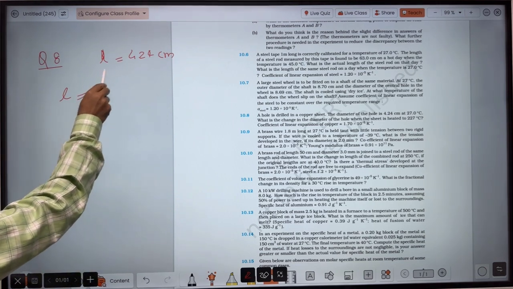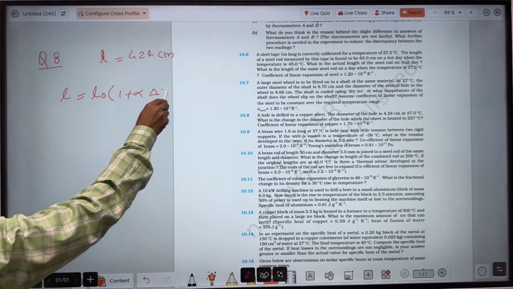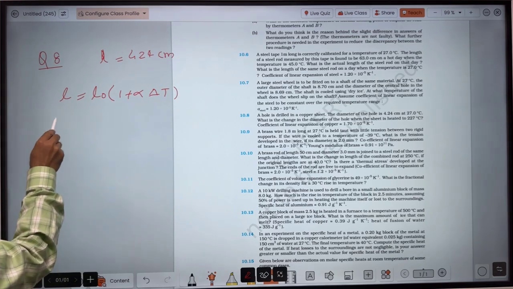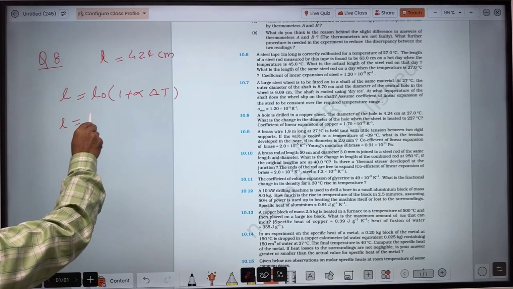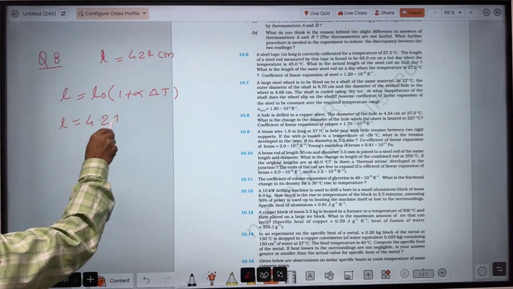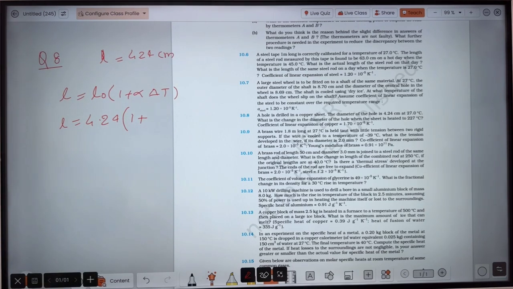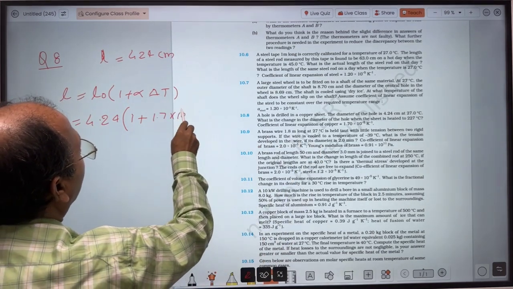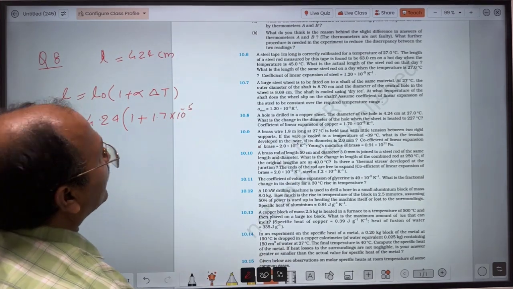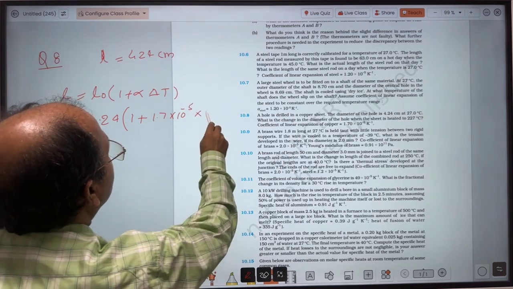So L equal to L0 (1 plus alpha delta T), and we put the values. L is to be found. L0 is given as 4.24 into 1 plus the value of alpha, given as 1.7 into 10 to the power minus 5, right, into the temperature difference, which is 200.